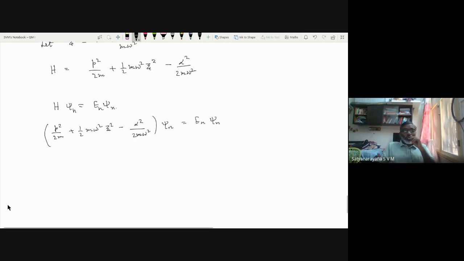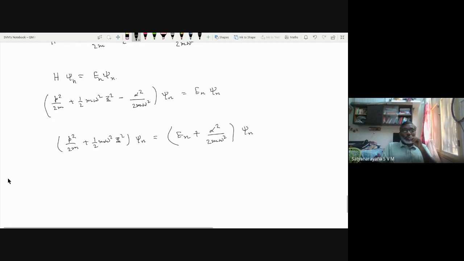Now I could have written this as p square by 2m plus half m omega square xi square into psi n is equal to En plus alpha square by 2m omega square into psi n. I can take this on the other side because this is a constant term. So I could have called this some En tilde into psi n, where En tilde is given by this. Now this is basically a harmonic oscillator, right?